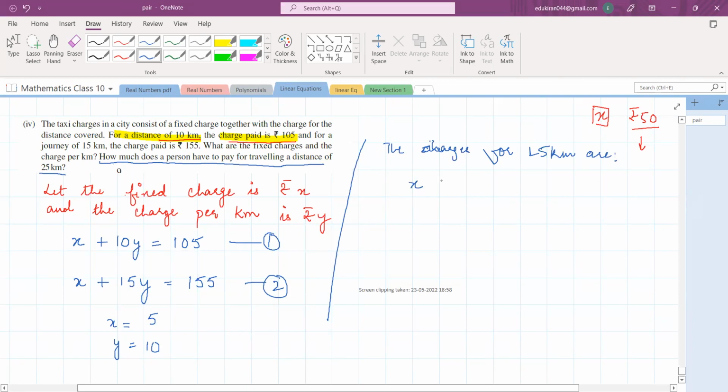X will always be there, plus the person has traveled 25 kilometers and the cost of 1 kilometer is Y. So this will be the total price, correct? Okay. So rupees X is 5, and then 25 multiplied by 10. So this will be 5 plus 250, which will be rupees 255.